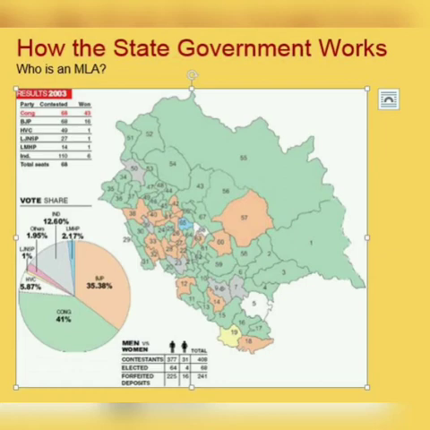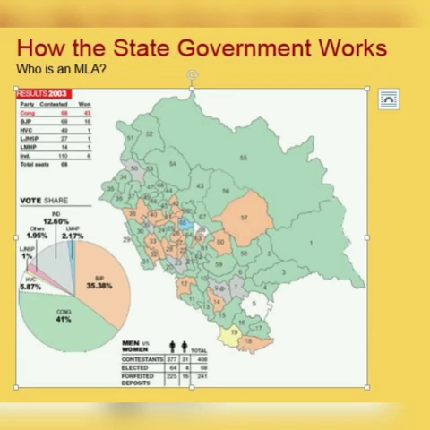BJP, that is Bharatiya Janata Party, got 16, other political parties 3, and independents, who don't belong to any party, got 6 seats. The total comes to 68. Therefore, the candidates from various political parties won the 2003 assembly elections and became MLAs.